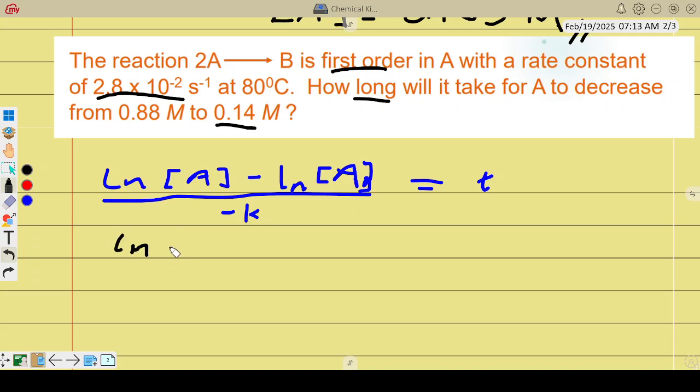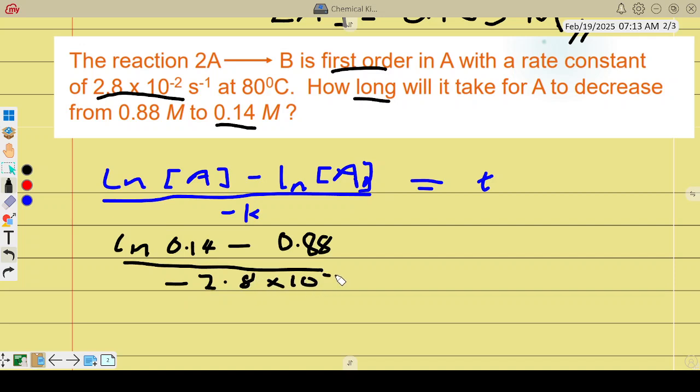So I have ln of 0.14 minus the initial concentration, 0.88, over negative the rate constant, 2.8 times 10 power negative 2. So we're finding the value of time.